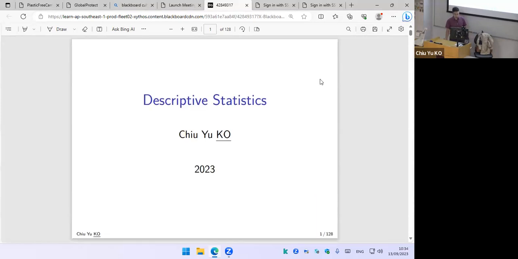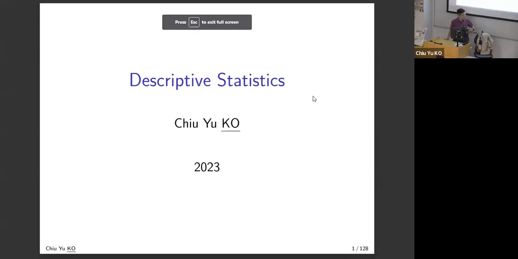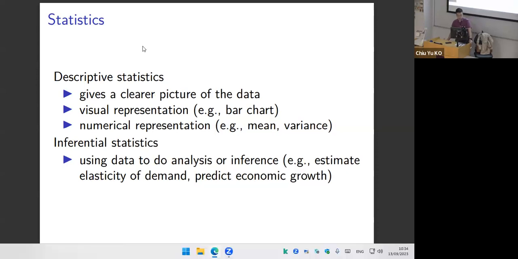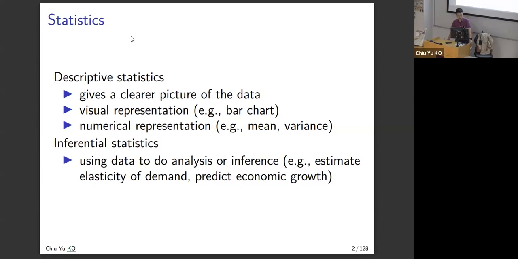what we covered last time was very briefly going over the topics of statistics and what we are doing. There are 2 parts of statistics, if you try to recall: one is called descriptive, and the other is called inferential.